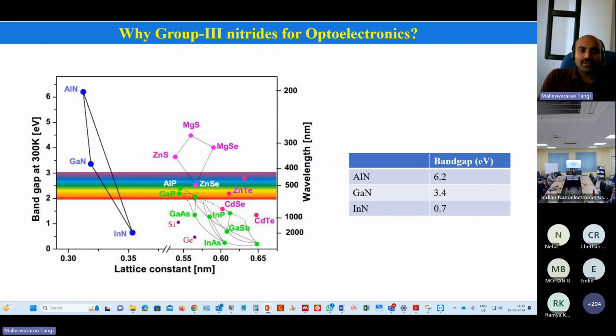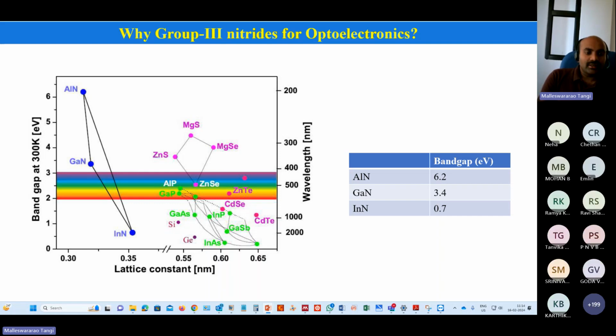So why do we focus on group III nitrides for optoelectronics? Because here, as you can see in this figure, band gap is plotted versus lattice constant. Interestingly, as compared to other semiconducting materials like II-VI and III-V materials, these group III nitrides, which are also III-V materials but only nitrides, span a very large wavelength regime, from deep UV, 6.2 eV for aluminum nitride, to indium nitride at 0.7 electron volts.